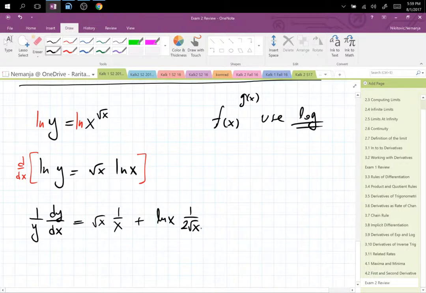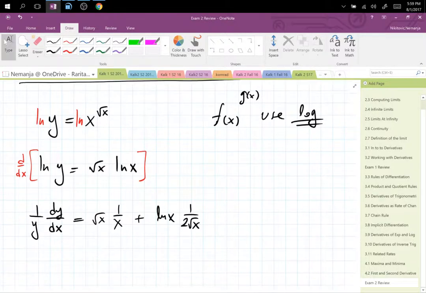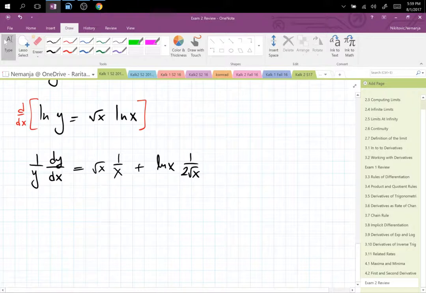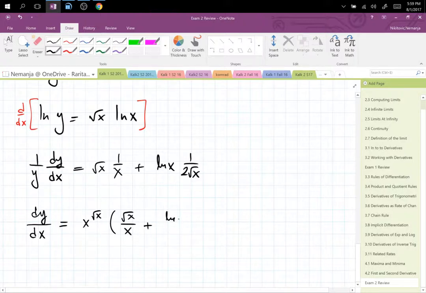All the derivatives on the right were with respect to x, so no chains there. y will go from the left to the right. So that's the original problem, which was x to the root x, times root x divided by x plus ln x over 2 root x.